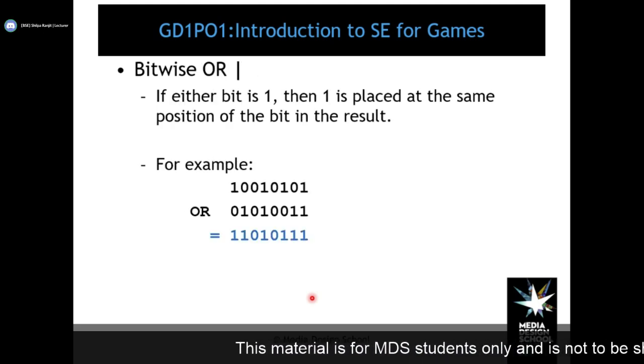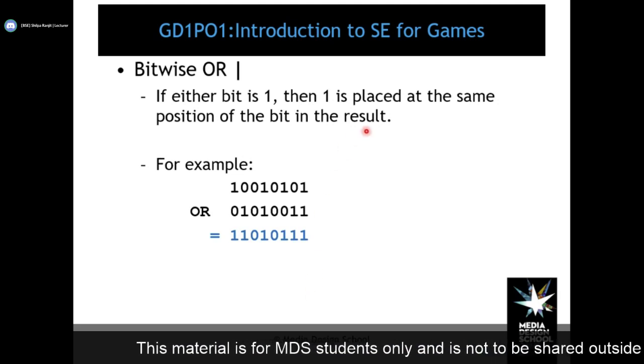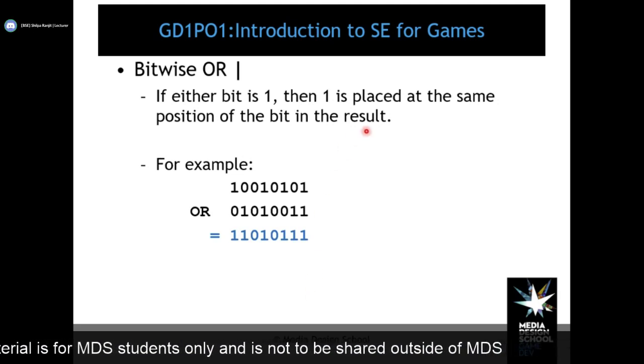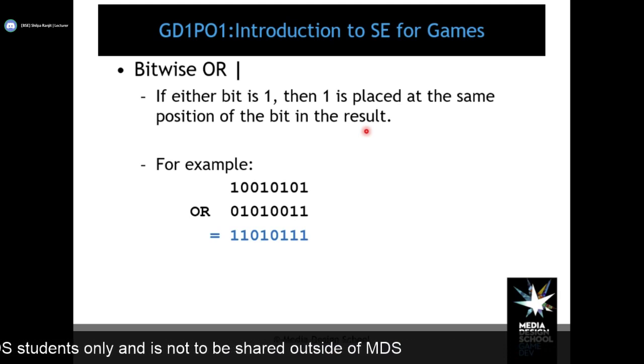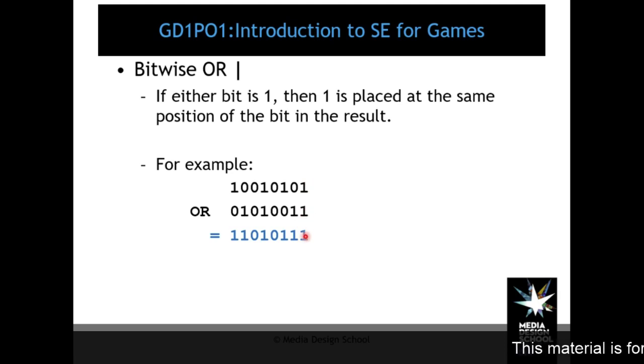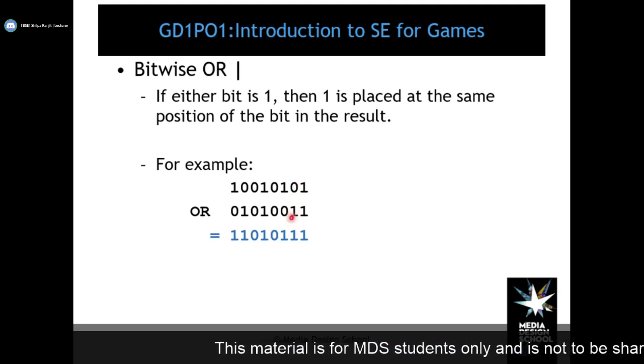What about the bitwise OR operation? In the case of the bitwise OR operation, the bitwise OR would result in a 0 only if both the values are a 0. Okay, so if there is a 1 in at least one of the values, then the result would be a 1. So you have 1 and 1 here, you end up with 1. You have 0 and 1, so there's a 1 at least in the second one.